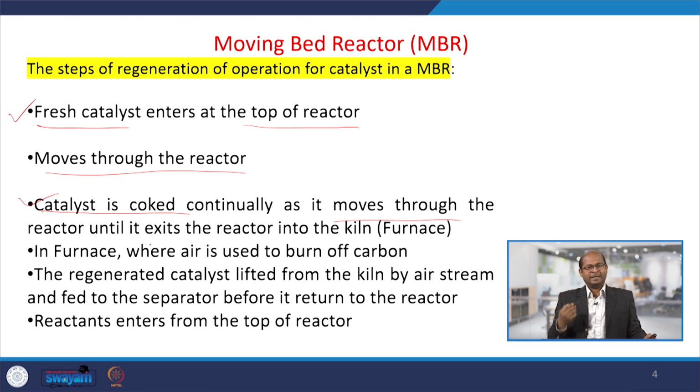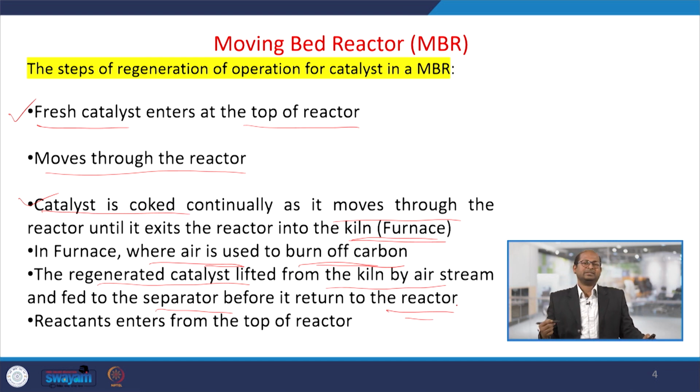Then, from the exit of the reactor, the spent catalyst comes out and is sent to the kiln or furnace, where air is used to burn off the carbon, that is, the coke usually deposited over the surface. The regenerated catalyst is then lifted and sent back to the separators, and from there to the reactor. In that way the system operates.